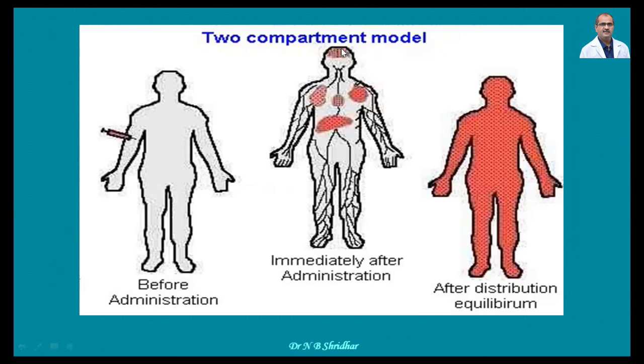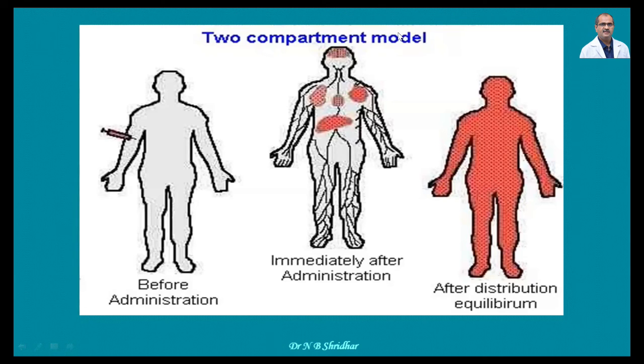These are the highly perfused organs, and also the blood. So immediately after administration, all these organs are saturated. Then after distribution or equilibrium, the drug gets distributed to all the tissues in the body and reaches equilibrium between the central compartment and peripheral compartment. That is the two compartment model.